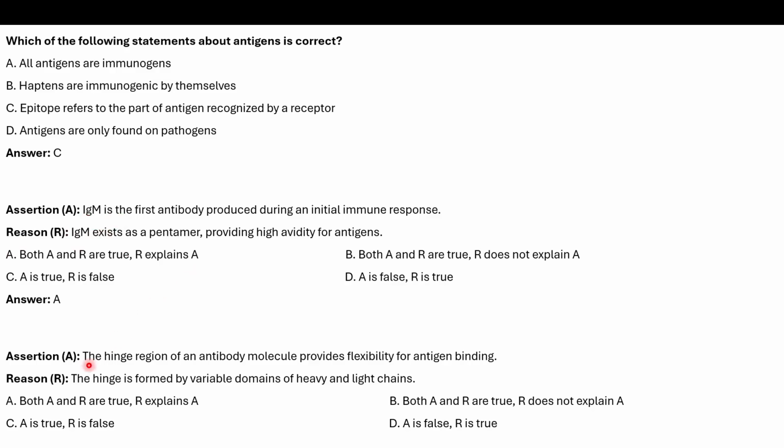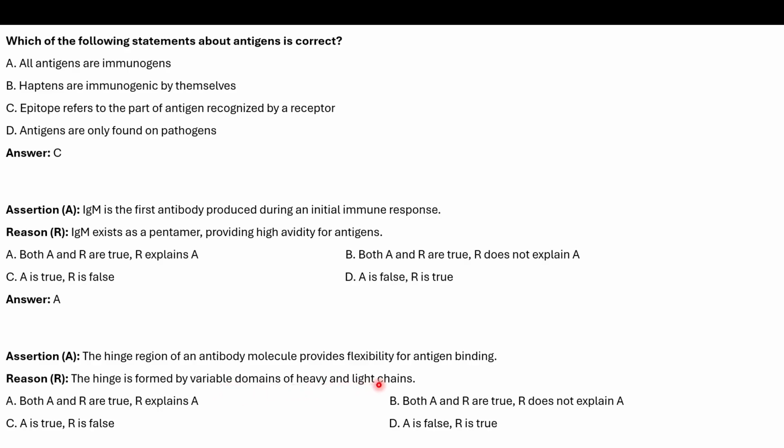Okay. The next one is: the hinge region of an antibody molecule provides flexibility for antigen binding, and the hinge region is formed by variable domains of heavy and light chains. The first one is correct, definitely. It gives flexibility for antigen binding. And hinge is formed by variable domains of heavy and light chains?